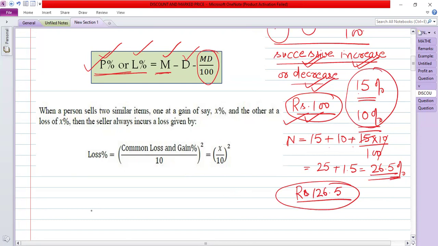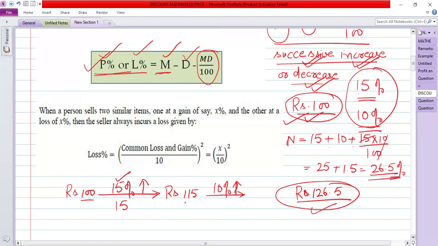We can also find the same value if we go by the ordinary way. Here rupees 100 was the initial amount. When the 15% increase was there, 15% of 100 is 15, so the new value will be rupees 115. After that, there was one more increase of 10%.